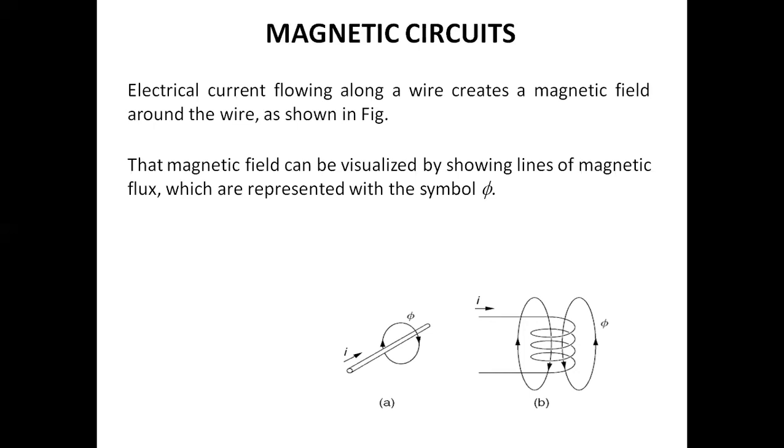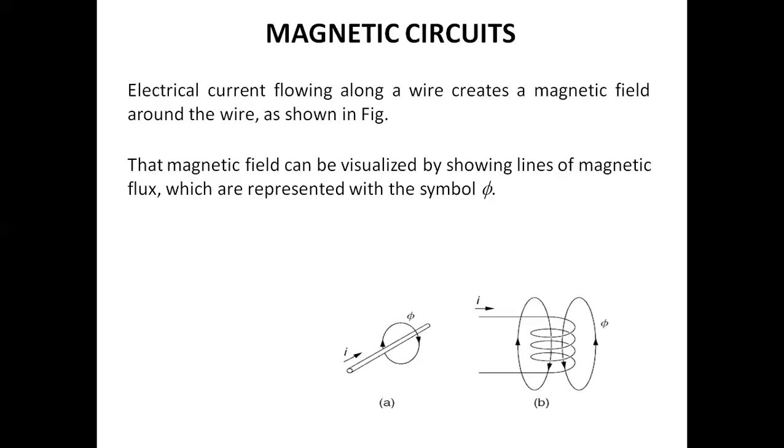Now, that magnetic field can be visualized by showing lines of magnetic flux. Whatever magnetic field is created can be visualized by showing the lines. Those lines are called flux lines, magnetic flux lines.